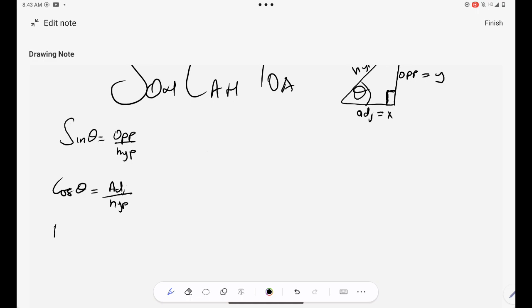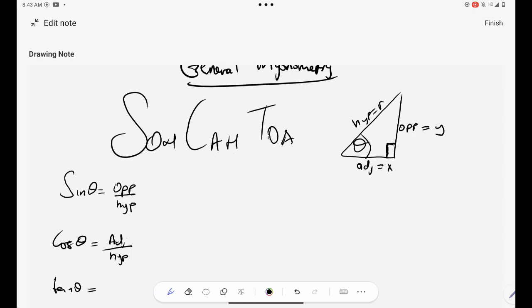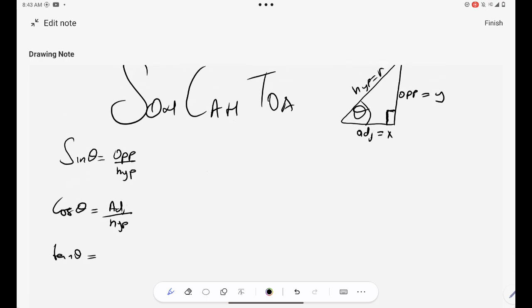And then the tan of angle theta, it's SOHCAHTOA. After the letter T, the following alphabets are O and A. So it's opposite over adjacent.